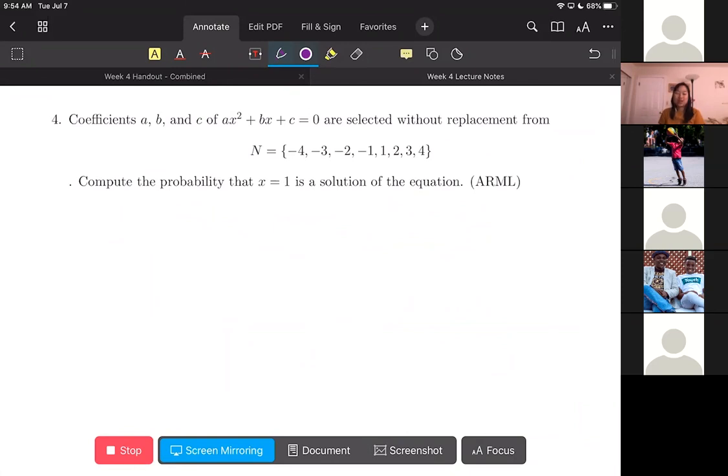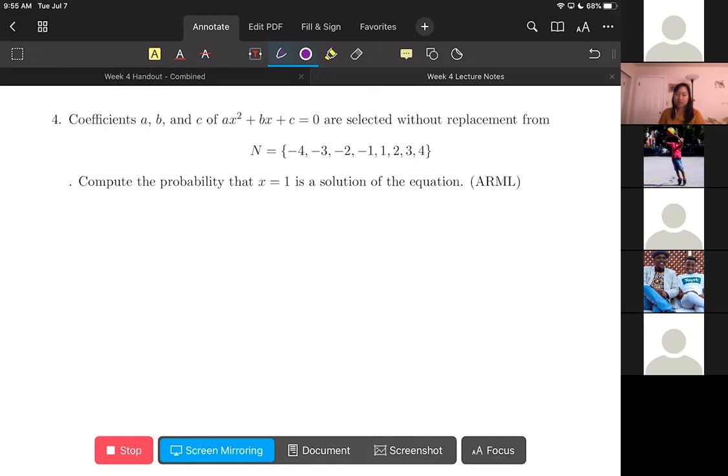So here we see the question: coefficients A, B, and C of the equation ax squared plus bx plus c equals 0 are selected without replacement from the set n equals -4, -3, -2, -1, 1, 2, 3, and 4.